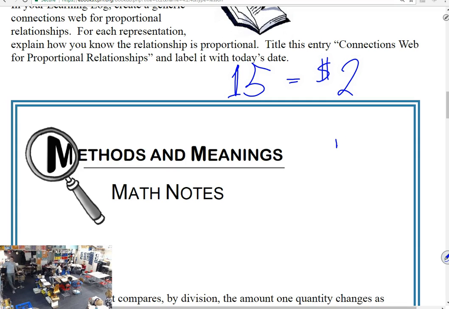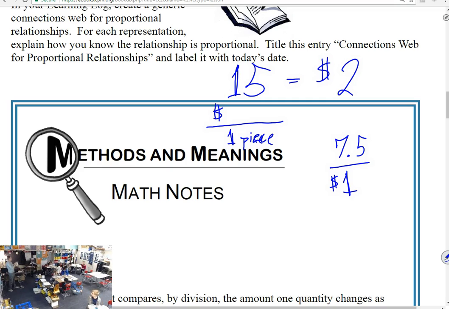I can either say I can get 7.5 pieces for $1, or I could say how much does it cost per 1 piece. You can choose, because really we can determine which variable is which. When we get deeper into independent and dependent, really cost will depend on pieces. So this is actually what we would want, is the cost per piece. We normally want cost on top. Normally. That's not an always situation.